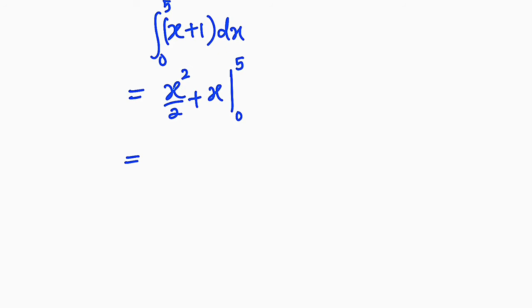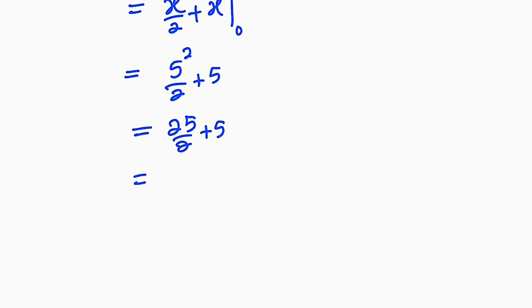So this is equal to, wherever we have x, we replace it with 5. This will be 5 squared divided by 2. Then plus another x, which is 5. This is equal to, this is 25, right? Divide by 2 plus 5. 2 times 5 is 10, and 10 plus 25 is 35.